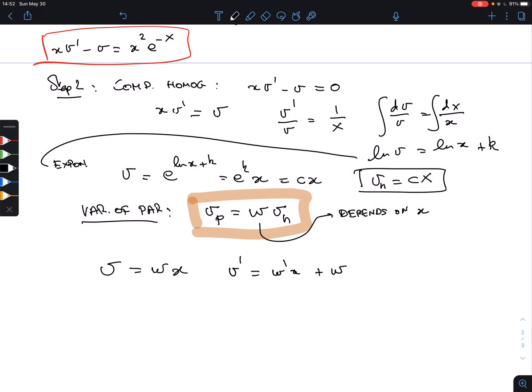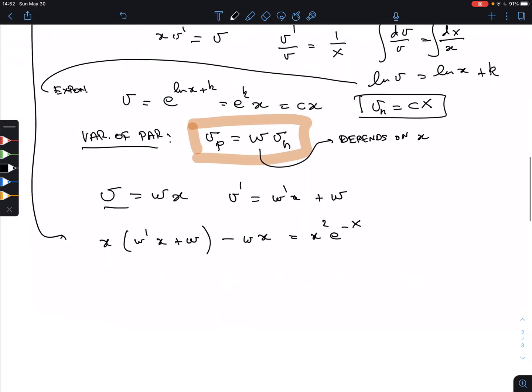And now we plug this into the original equation. So we get x times (w prime x plus w) minus wx, that's the v, equals x squared e to the minus x. So what happens? x squared w prime plus xw minus xw equals x squared e to the minus x.